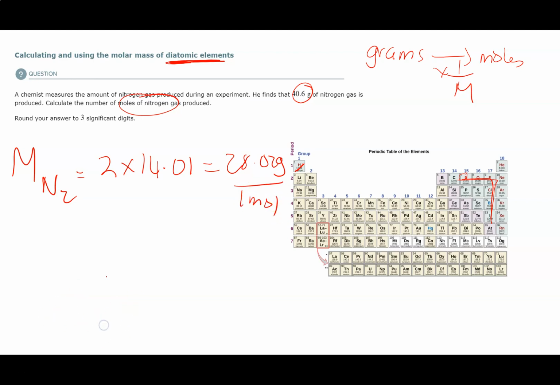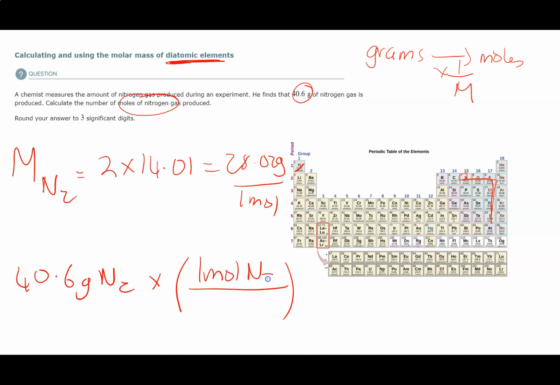So now let's do it. 40.6 grams of N2 times, we get 1 mole of N2 for every 28.02 grams of N2. So I've got more than 28 grams, so I'm going to get more than 1 mole. So grams of N2 cancels.